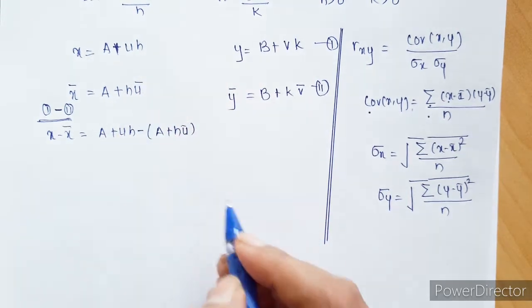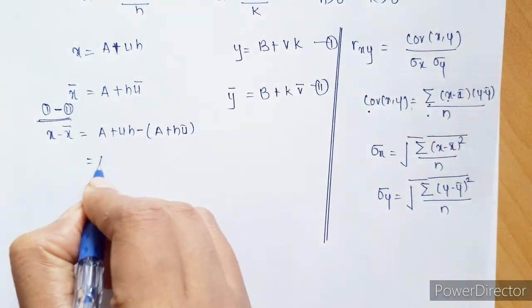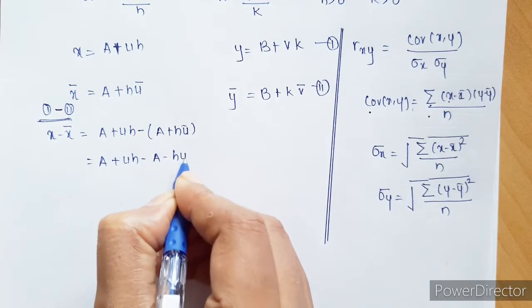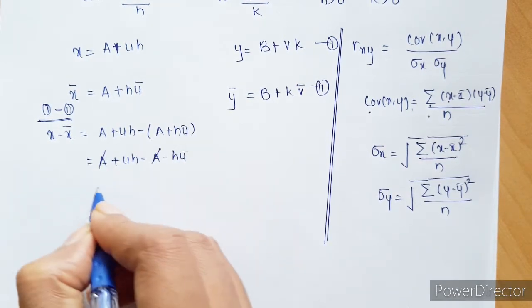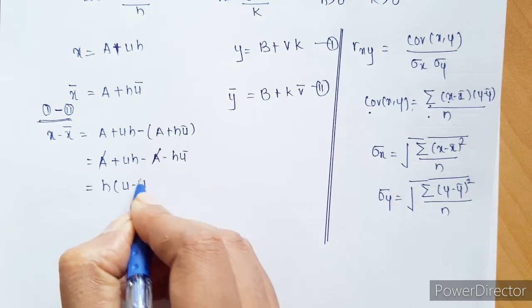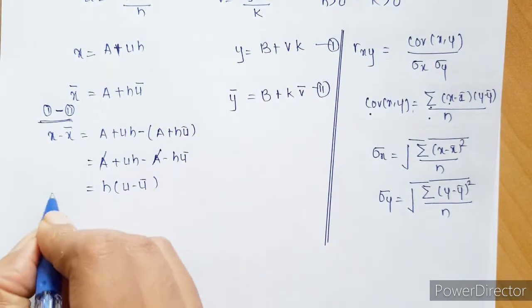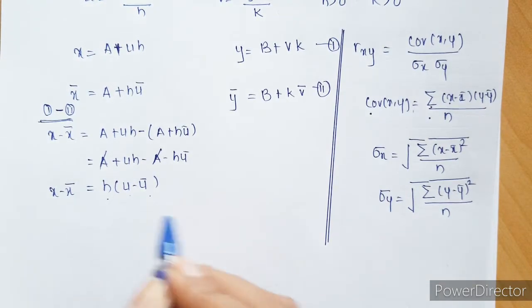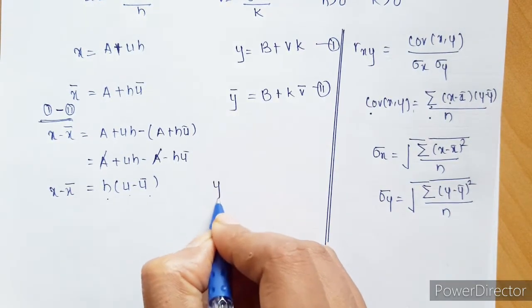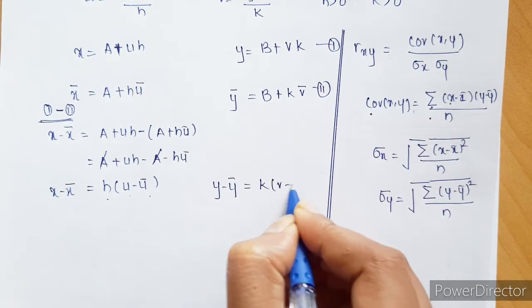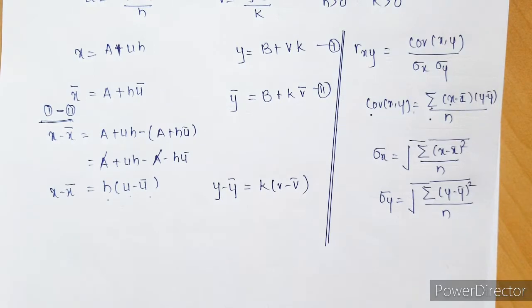After simplification, a and a get cancelled, and taking h common, what remains is u minus u bar. So x minus x bar is nothing but h times (u minus u bar). Similarly, y minus y bar is k times (v minus v bar).